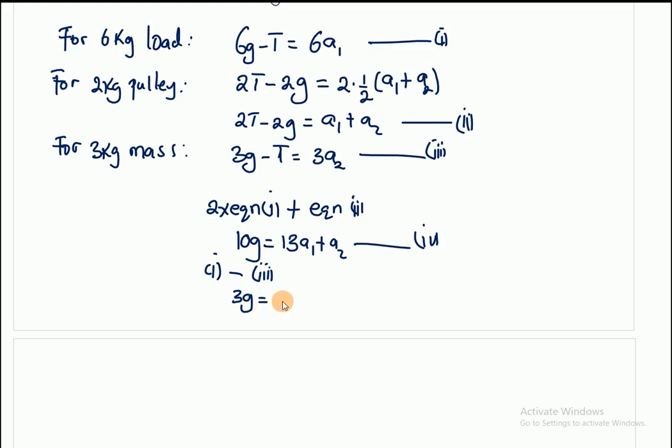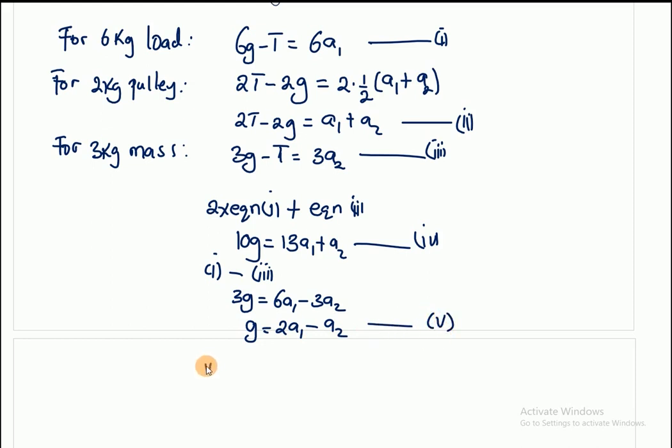On the right we have 6A1 minus 3A2. This one we can reduce by 3, and we have that g is equal to 2A1 minus A2. Call this one equation number 5.